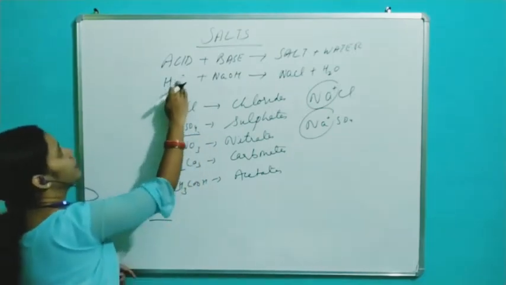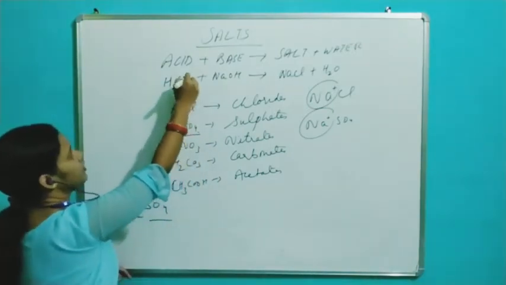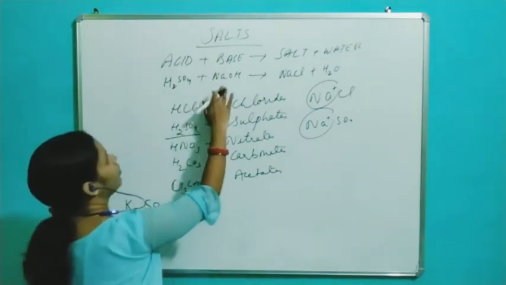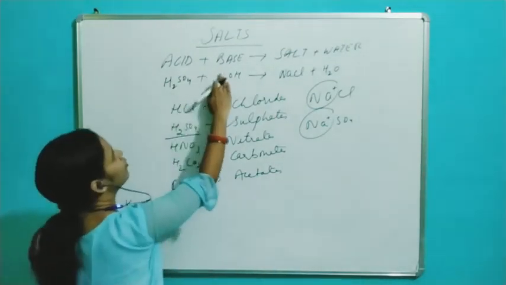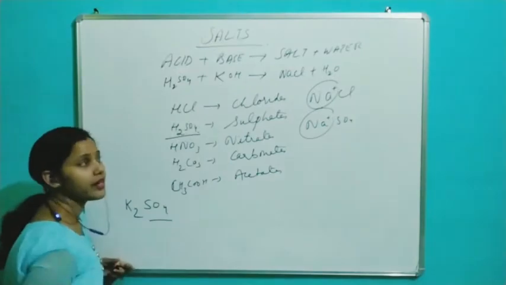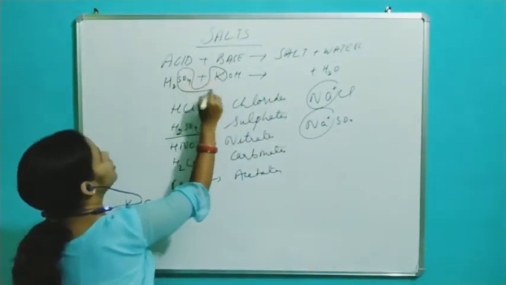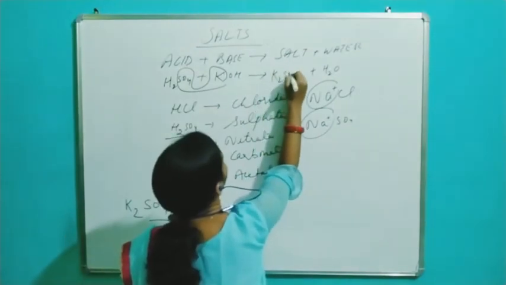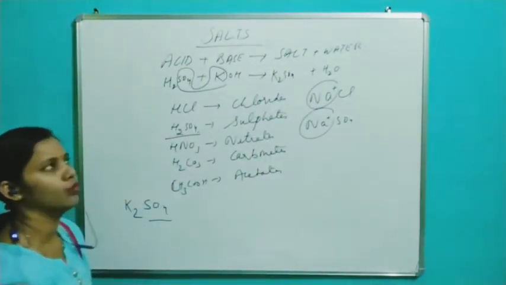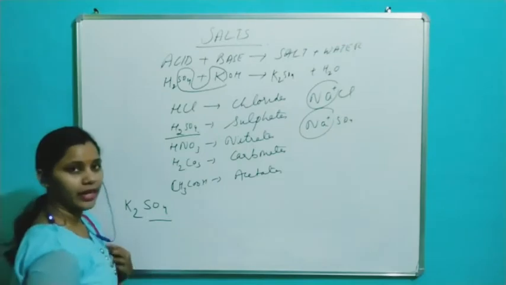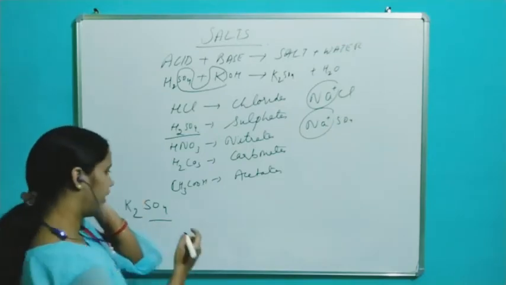So simply we can write H2SO4 and KOH. So the reaction will be: when the salt is formed, it will be K2SO4 plus H2O.